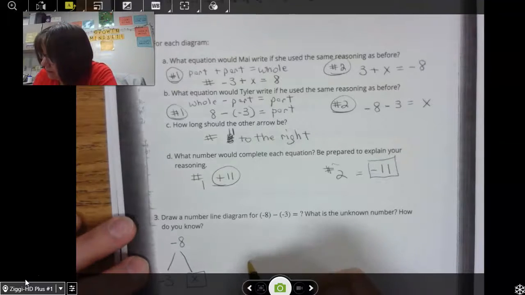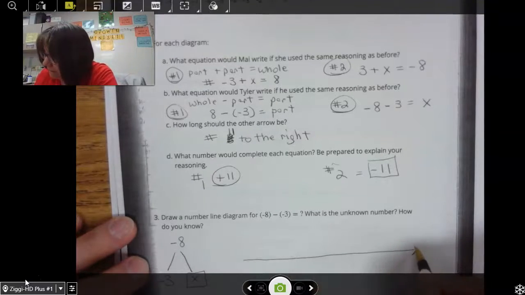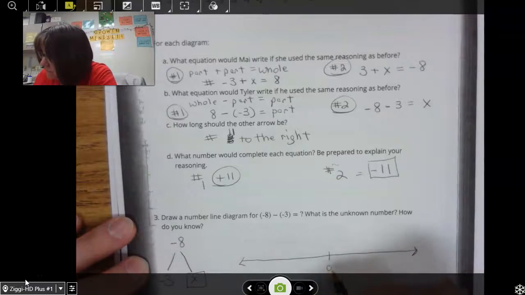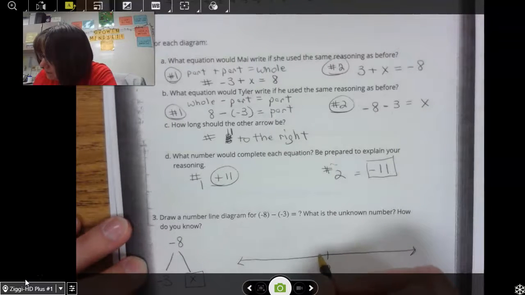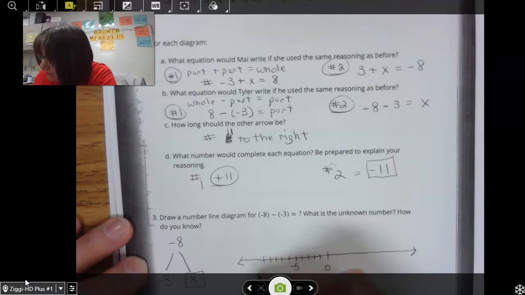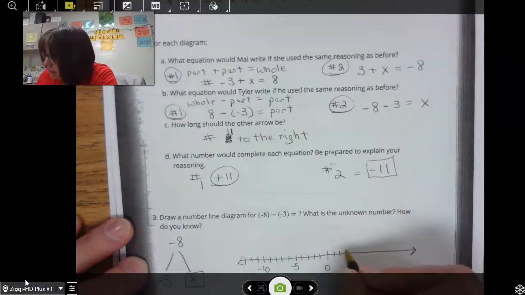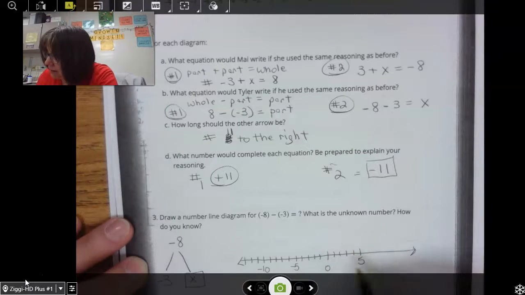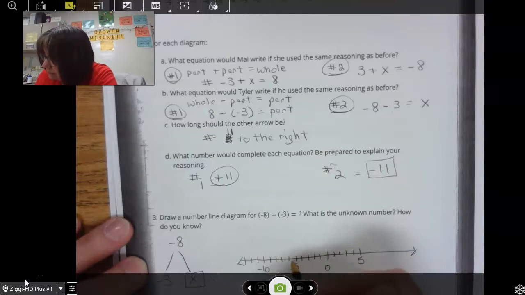So if I have a number line, here's my -5, -10, okay. Here's 5. It says we're going to go -8 is my whole, which would be right there, and I'm going to put my dot where -8 is.